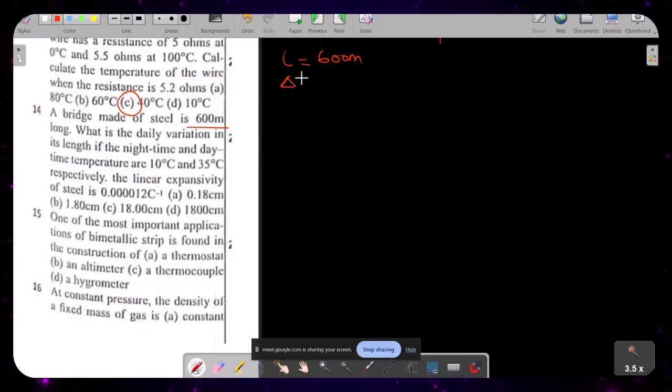Daily variation in its length means change in length, which simply means extension in length. We are asked to get our change in length, which we don't know. So the daily variation in length is the same thing as change in length. If the midnight time and daytime temperature are 100 degrees Celsius, so our theta 1 is 10 degrees Celsius, sorry.